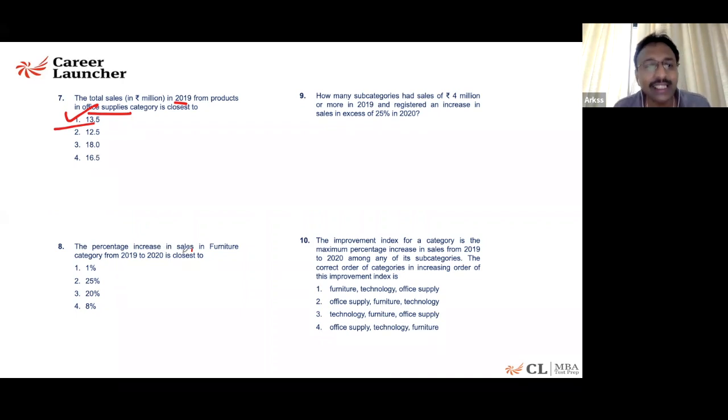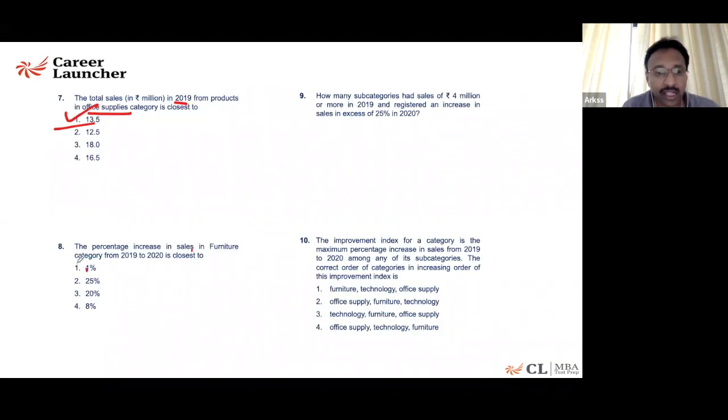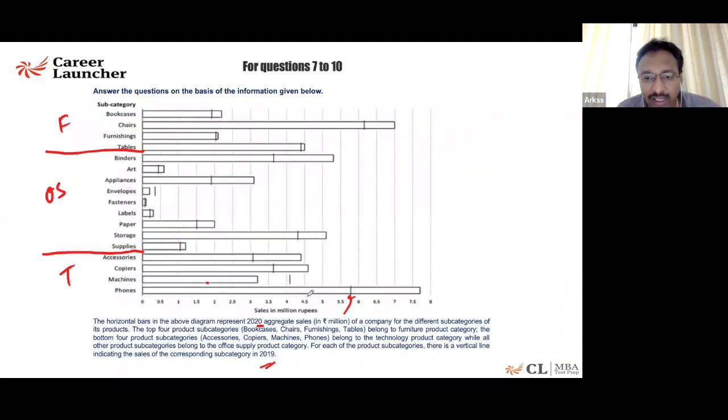The percentage increase in sales in the furniture category. Now, this is the problem, I have to solve this. Furniture category, these are the 4. Now, what is my 2019 here? I'll take the approximation. 4.5. Look at the reason why I can take approximation, guys. You can see clearly that it will not be very high.